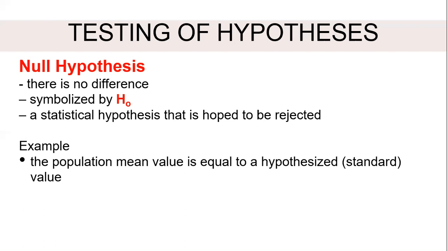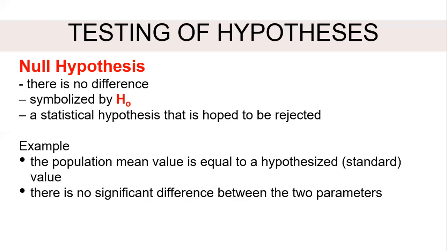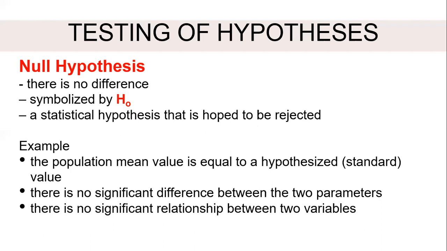So your null hypothesis could be that there is no significant difference between the two parameters, or that there is no significant relationship between the two variables, and so on. And remember, if there's no significant difference, then we could say that the two population parameters, for example, are equal with one another, or that the hypothesized value is indeed equal to the collected value, or similar to that.